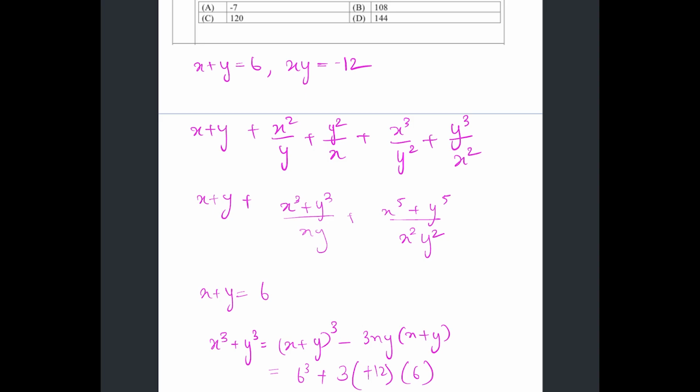Which gives us 216 plus 216, which gives us 432, right?